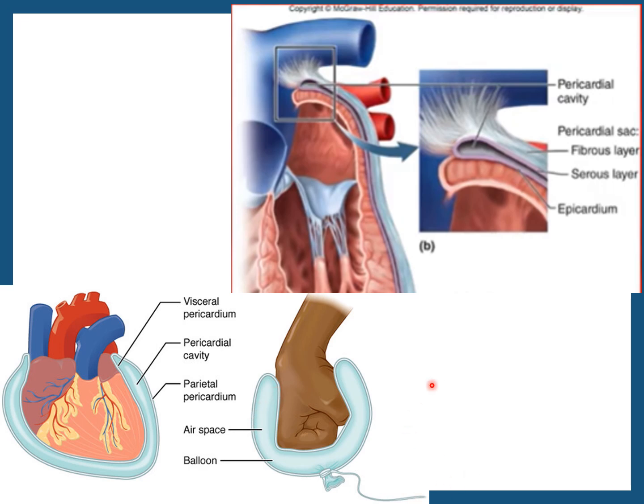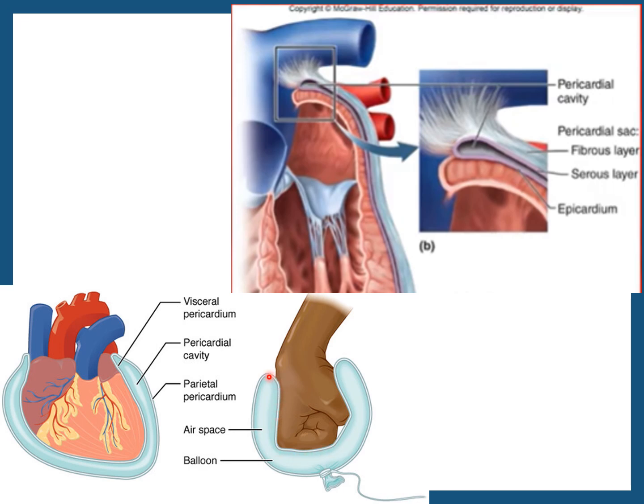If you were to blow that balloon up with some air and put your fist into it, you could push one side of that balloon towards the other side of the balloon. And your hand would basically be like your heart. So there's going to be this layer that actually touches your hand, and that layer is the visceral pericardium.